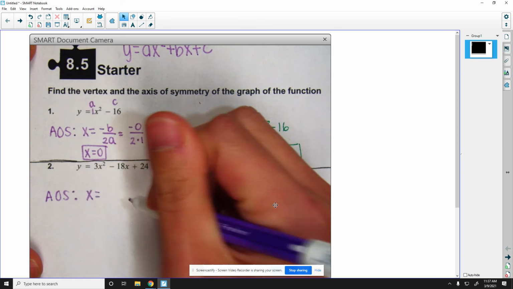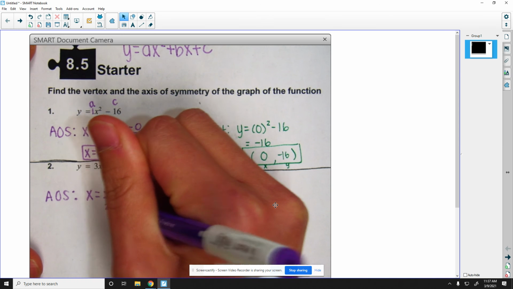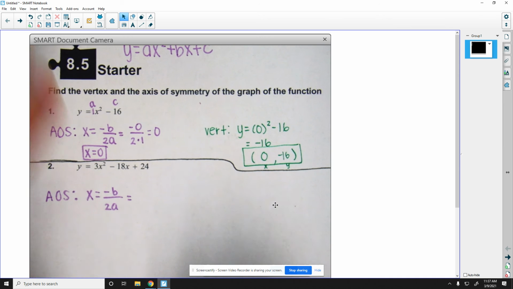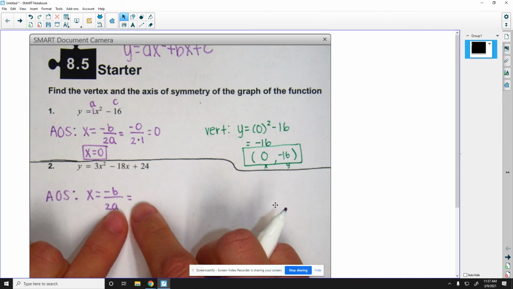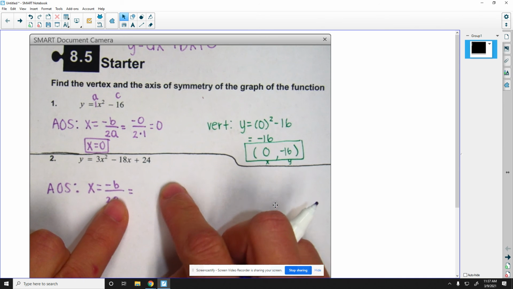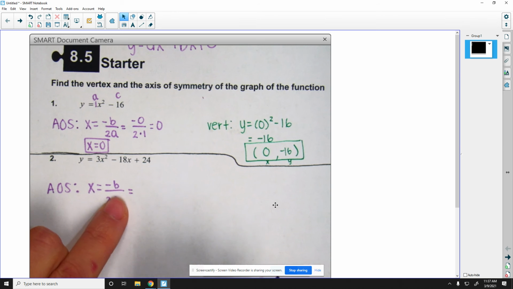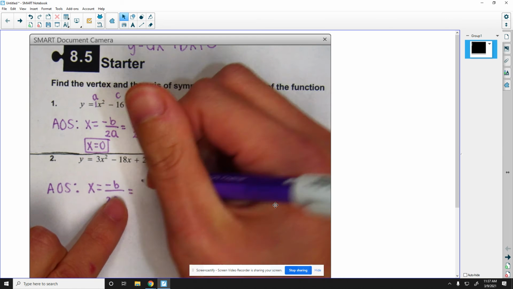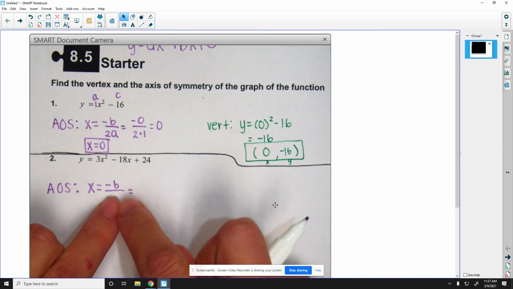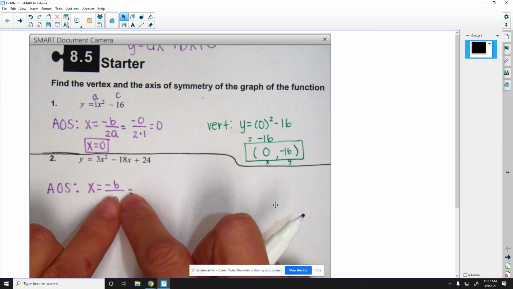So online kids, you are up. AOS is negative b over 2a. So somebody online, can you tell us what is negative b? What is that going to be, online kids? 18. Notice how it says negative 18, but the person online said 18, right?